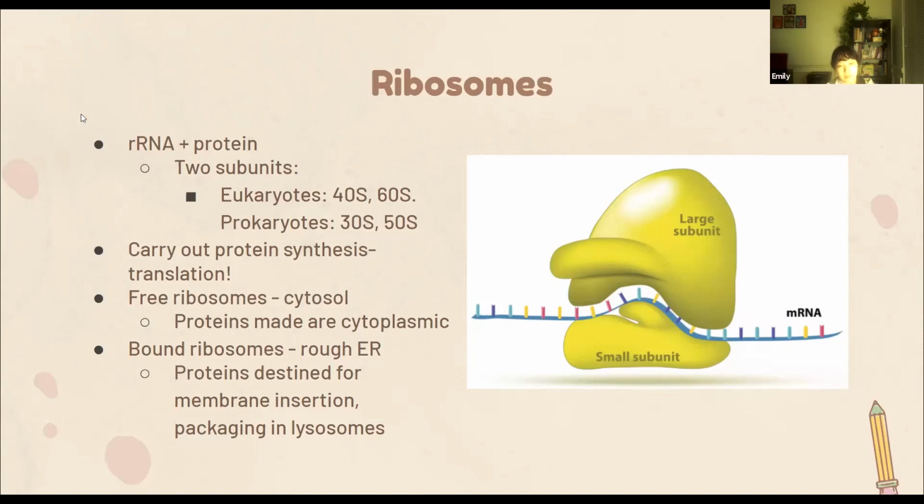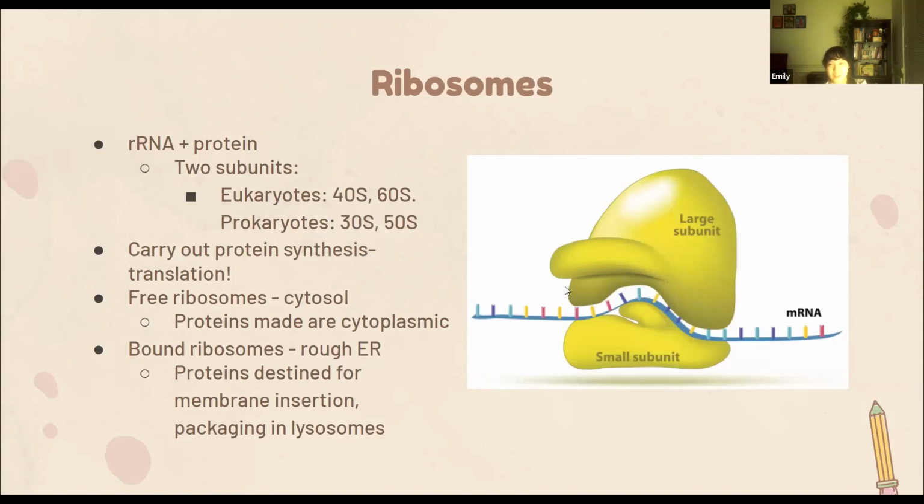Then in eukaryotes, there are bound ribosomes, which bind to the rough endoplasmic reticulum, and these proteins are usually destined for things like being inserted in the plasma membrane to help certain molecules pass through. They're also packaged into lysosomes to help lysosomes perform their function, which we'll look at later.